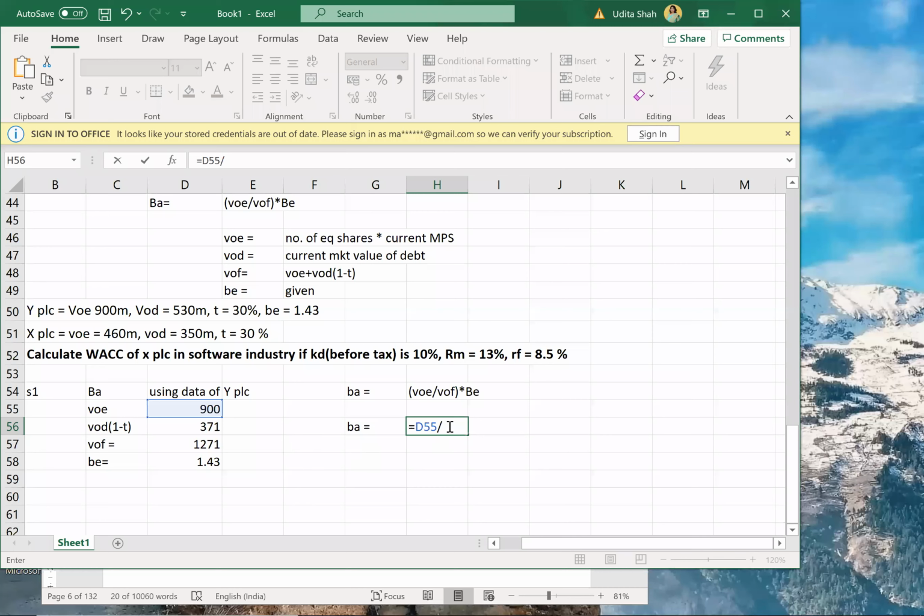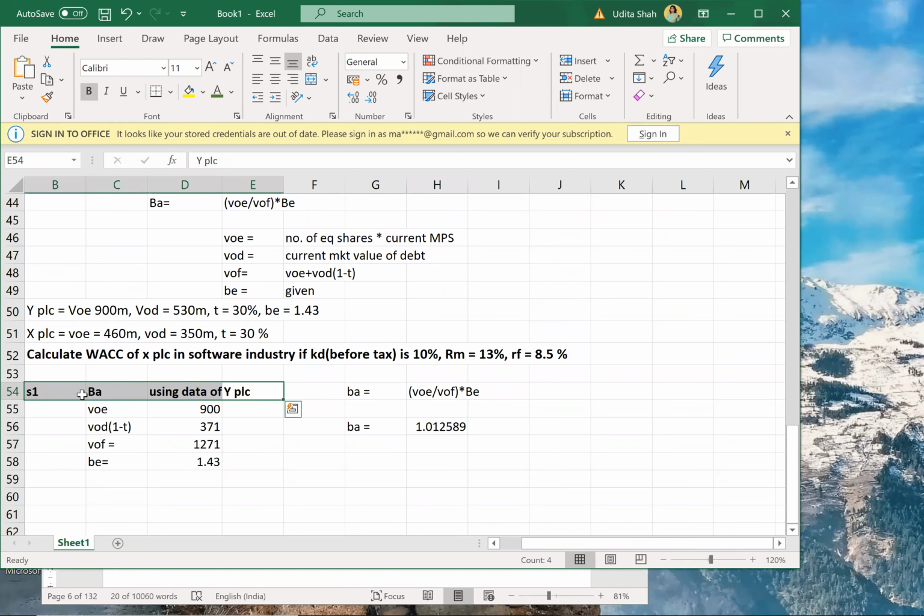And this whole thing into beta of equity, that is 1.43. So my beta of asset is 1.012. So that is my step one: beta of asset using data of the standard company, Y PLC.